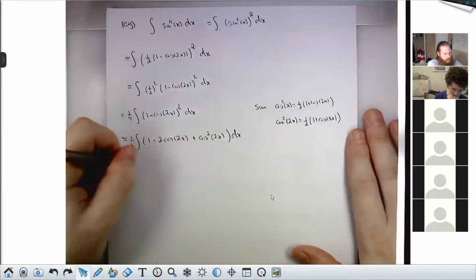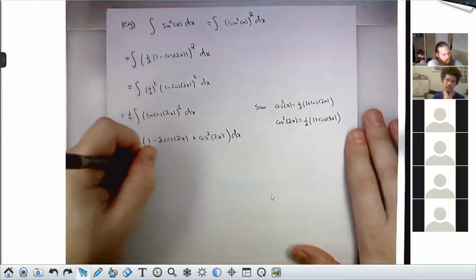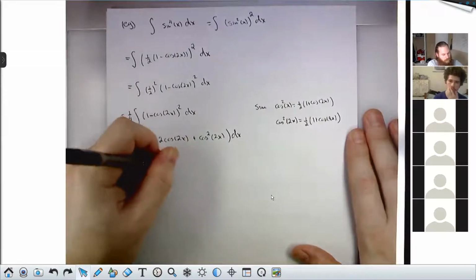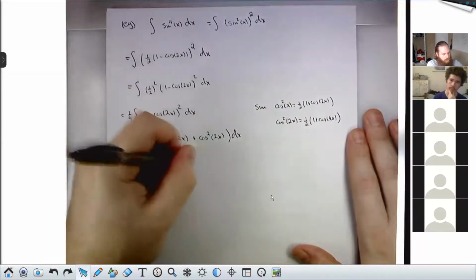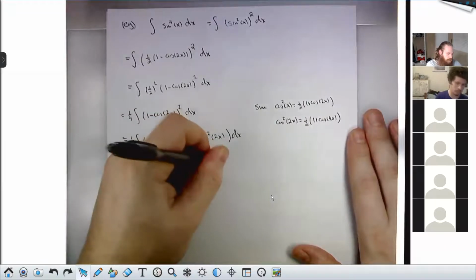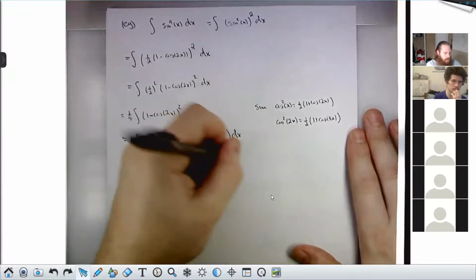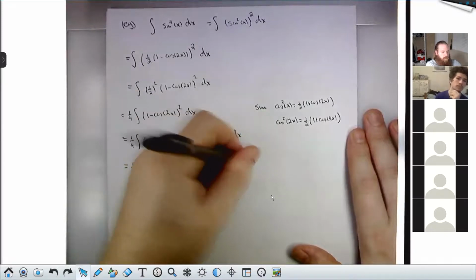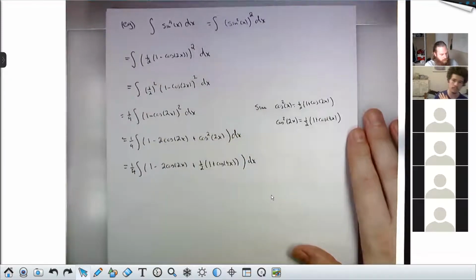So this would be 1/4 integral 1 minus 2 cos 2x plus 1/2 times 1 plus cos 4x dx, and then distribute the 1/2, combine like terms.